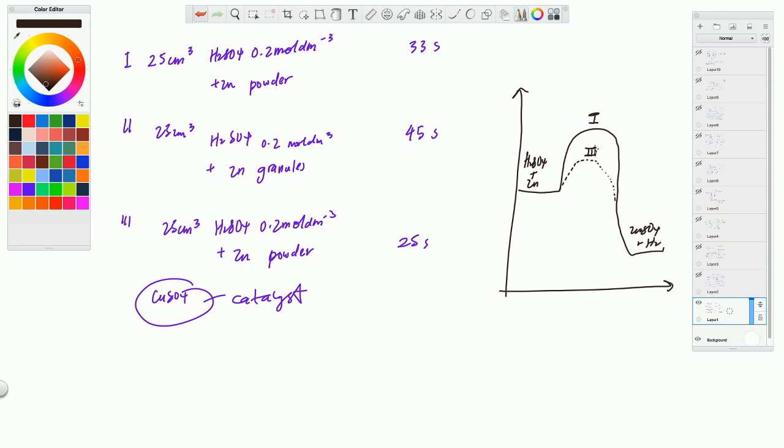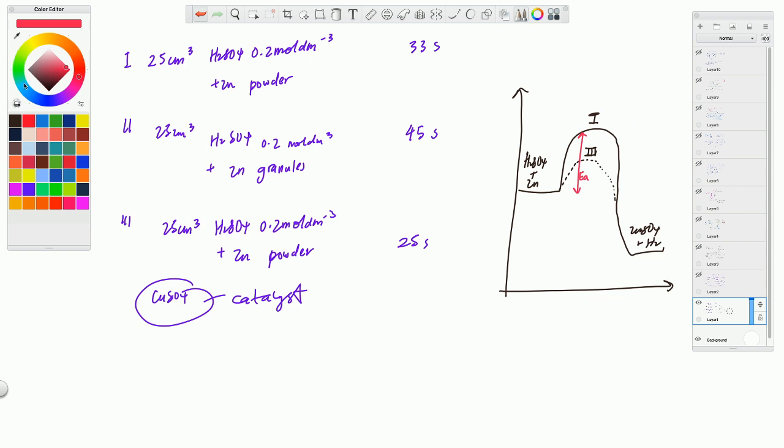Okay, and label the activation energy for set 1 as EA and set 3 as EA1. Okay, so this is the activation energy for 1. So it would be EA.